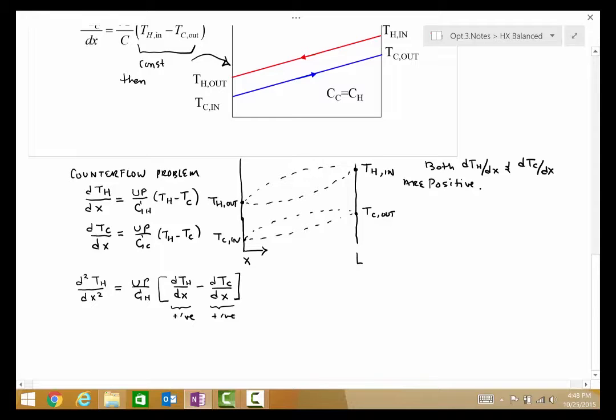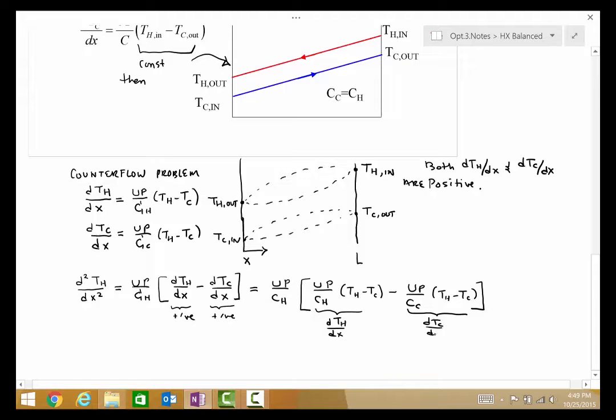In fact, we know them in terms of their respective values from the first problem: dTH/dx is UP over CH times TH minus TC, and dTC/dx is UP over CC times TH minus TC.